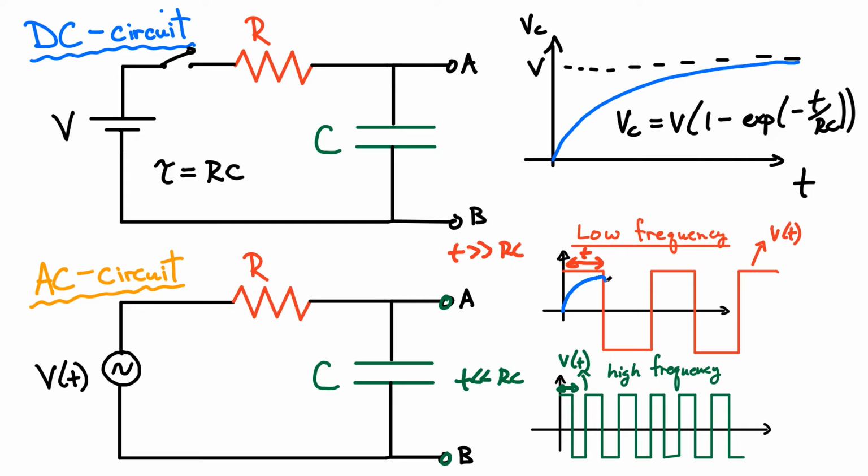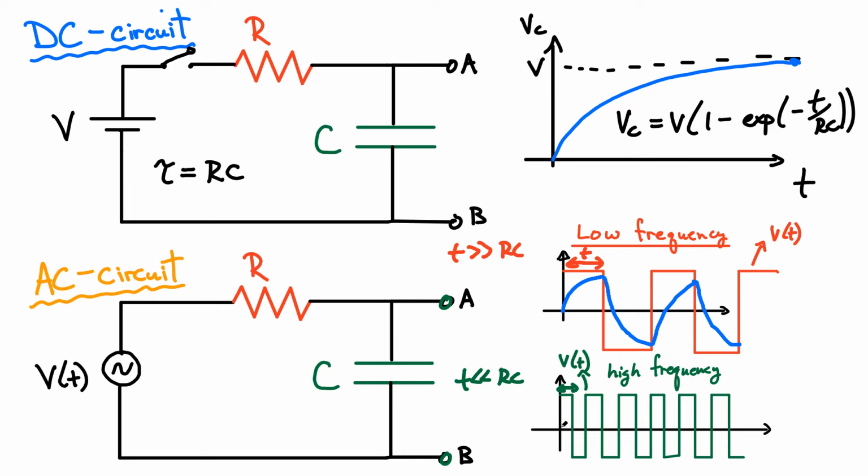So that means the voltage across the capacitor is also going to switch. And I'm going to reach, again, maybe not all the way to saturation because I ended up switching, but it's going to look something like this. I'm going to have this exponential growth here because I have a constant voltage for a certain amount of time. And this is simply going to repeat itself over and over again.